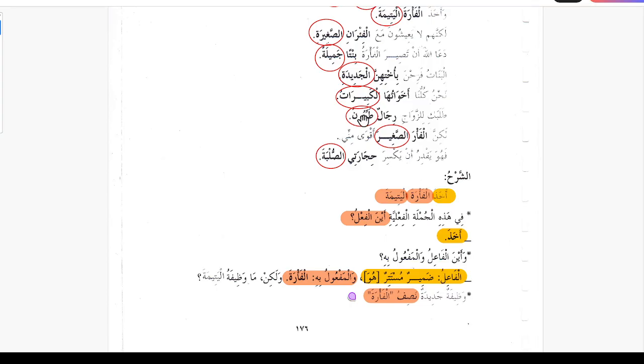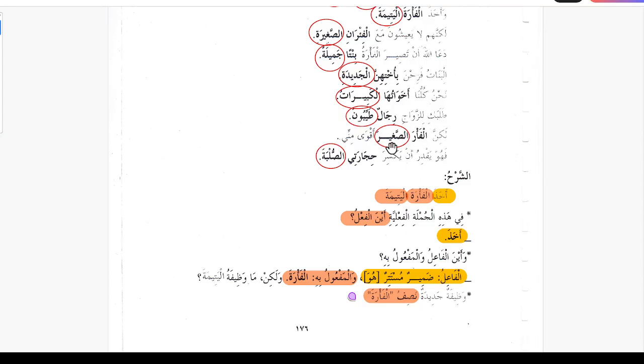This tajibuna is also rafa because it is on the pattern of jama muzakkar salim: muslimun, muslimani, muslimuna. So this is like tajibun, tajibani, tajibuna, and so it is rafa, plural, and like nakira.